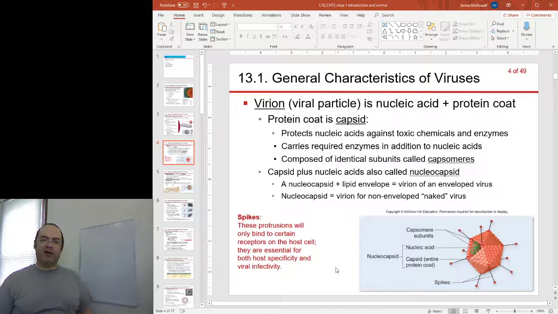And I've talked a lot about the idea that proteins have shapes. The surface of our cells have all kinds of stuff on them, and our viral spike typically fits into a receptor that's on the cell surface.